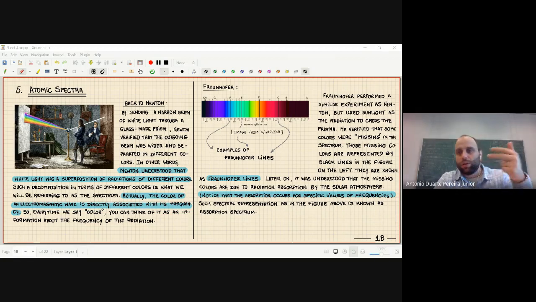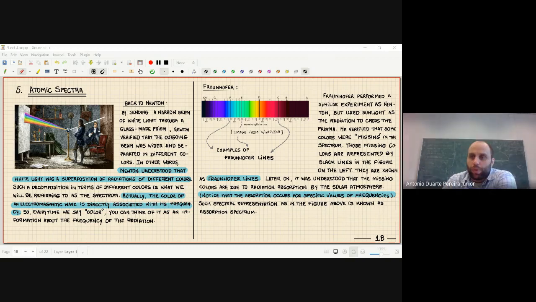So when you see colored light, it is still light, but with a different frequency. Okay, so what Newton understood was that white light was made of a superposition of light of different colors, namely of light of different frequencies.